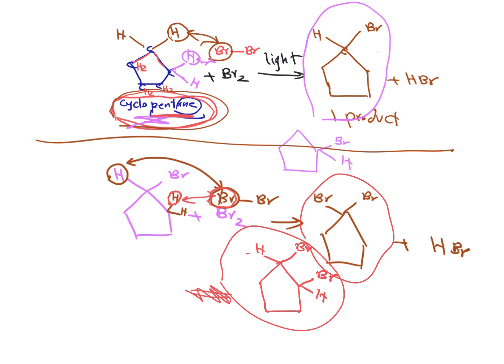Okay. So just for my understanding, this would be written as dibromocyclopentane, because there's only one configuration possible, right? Yes, and I think here you should specify the number of carbon.